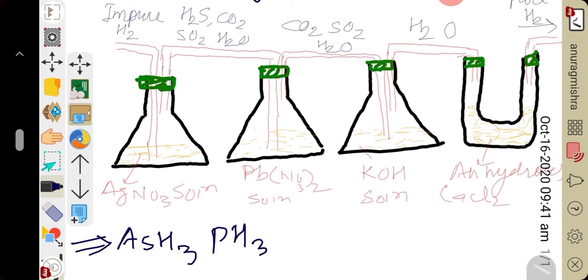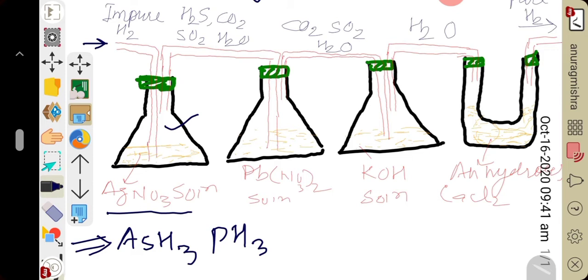For that, we will pass the hydrogen gas we got from the laboratory method of preparation through this tube into a conical flask having a solution of silver nitrate. So we will pass hydrogen gas containing impurity through the silver nitrate solution, right?